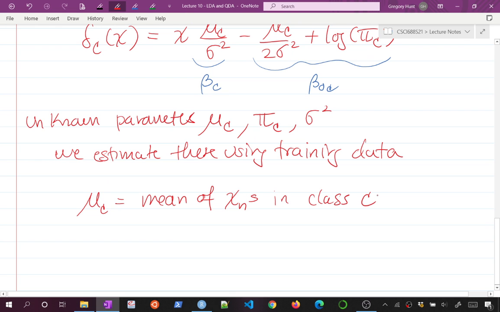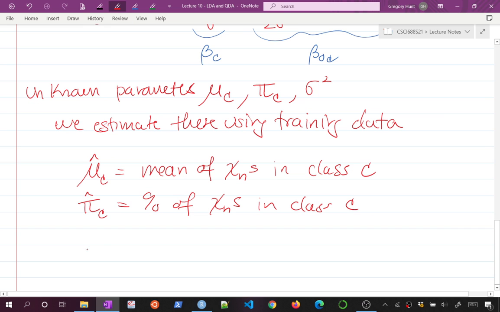Our training data is some in class 1, some in class 2, some in class 3, some in class 4, etc. So if we take the means of the x's in class 1, that's mu_1 hat, the means of the x's in class 2, mu_2 hat, etc. Pi_c hat for each class is just the percent of my training x_n's in class c.